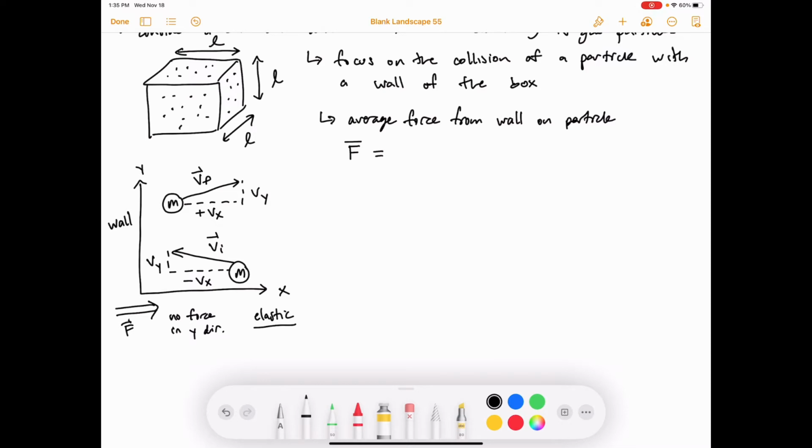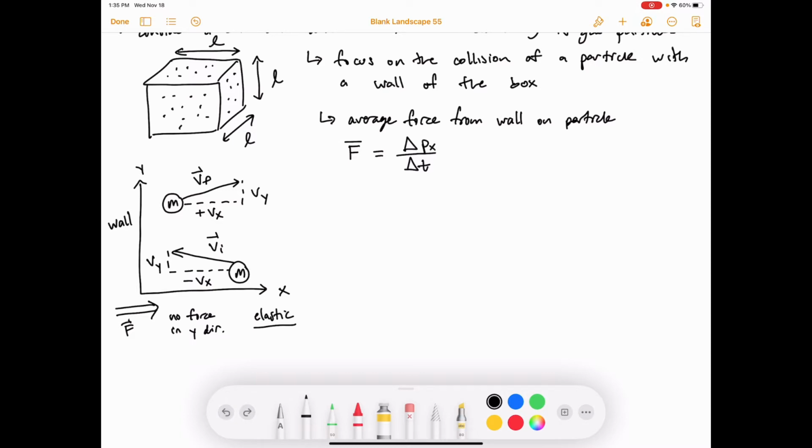The average force during a collision like this is equal to delta p, the change in momentum, divided by delta t, the time interval. Now in this case, we can only focus on the x direction because there is no change in momentum in the y direction. And by the way, we put a little bar on top of the F like this to indicate that we're talking about an average value. That's what the bar means.